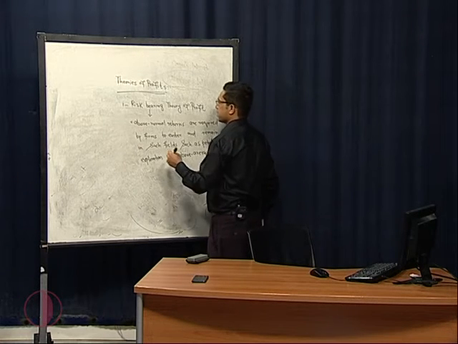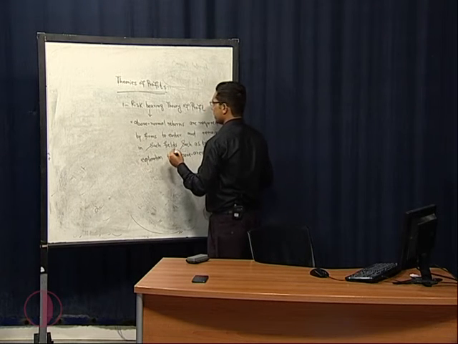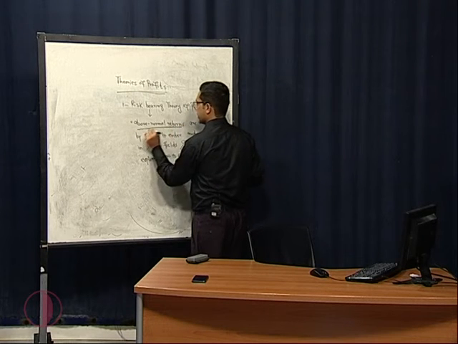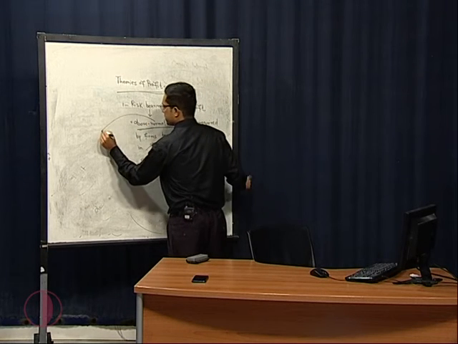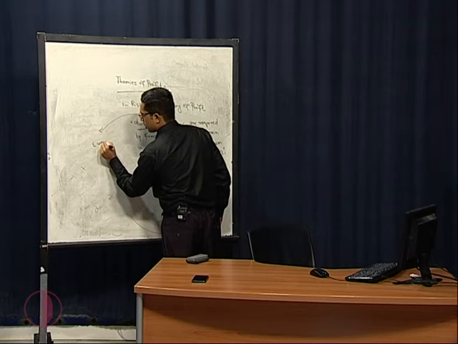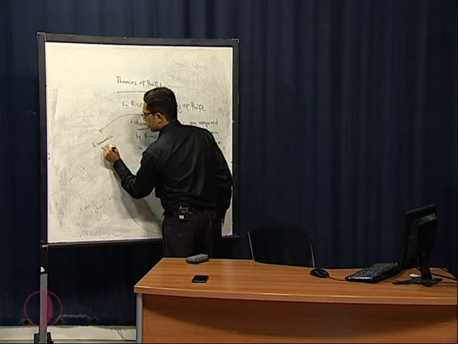This is the basic theme of the risk-bearing theory of profit. According to this theory, above normal returns mean economic profit. Normal returns mean economic profit.